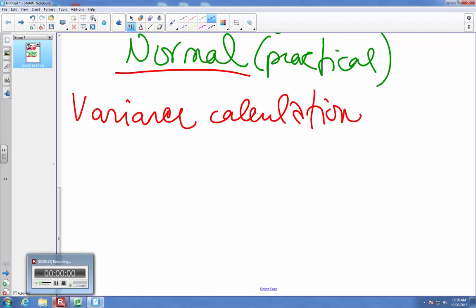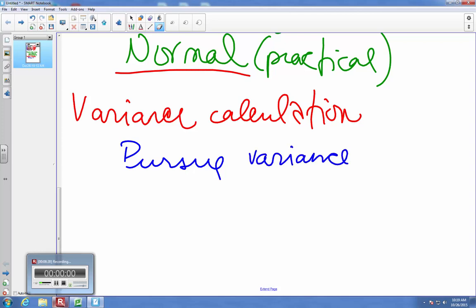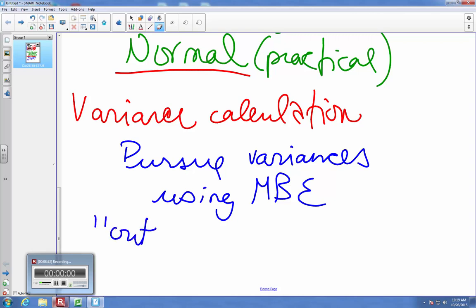And it says we not only identify, but we only pursue, that's a P, funny, we only pursue variances using a model called MBE, Management by Exception. So management by exception says the variance was outside of a pre-established parameter.